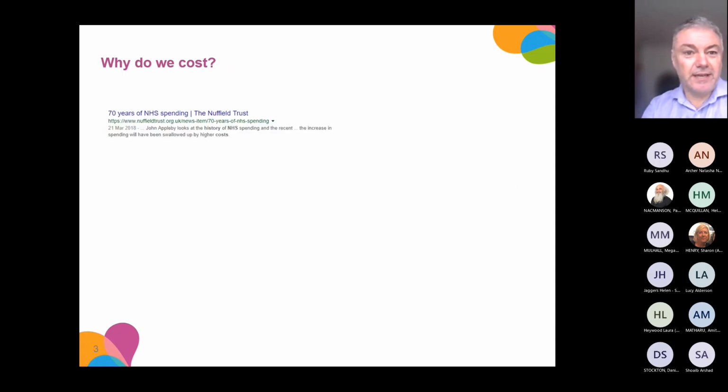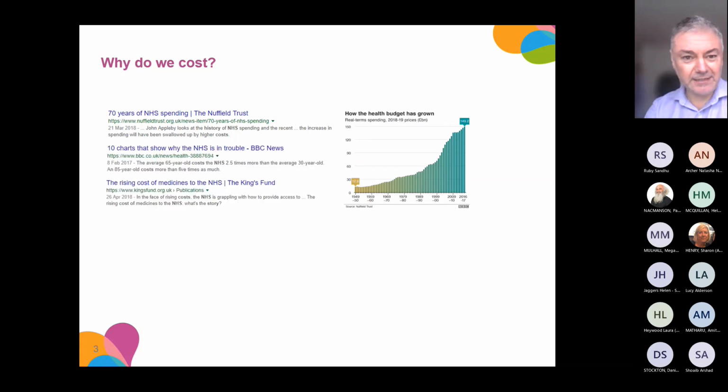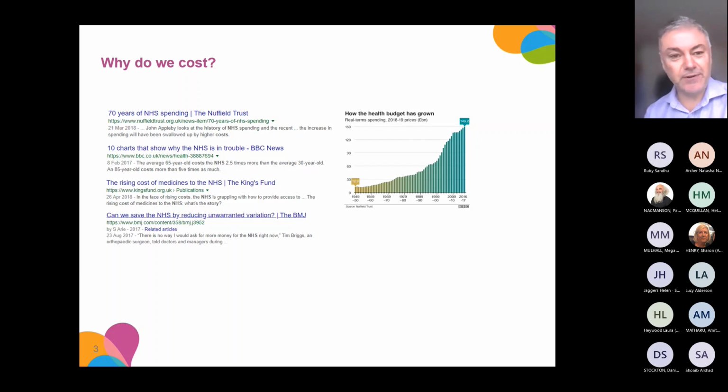Why do we cost? You see it all the time in the news, more recently around the COVID situation. What impact does something like a pandemic have on the costs?